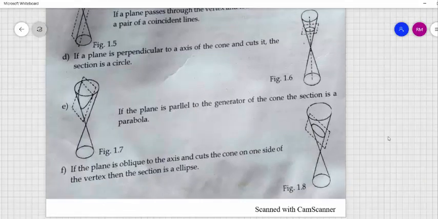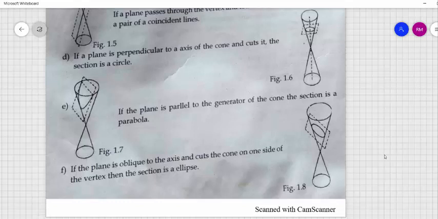See figure 1.8. If the plane is oblique, meaning it is not parallel or perpendicular to the axis of the cone, then it cuts the cone on one side, and we get the ellipse.